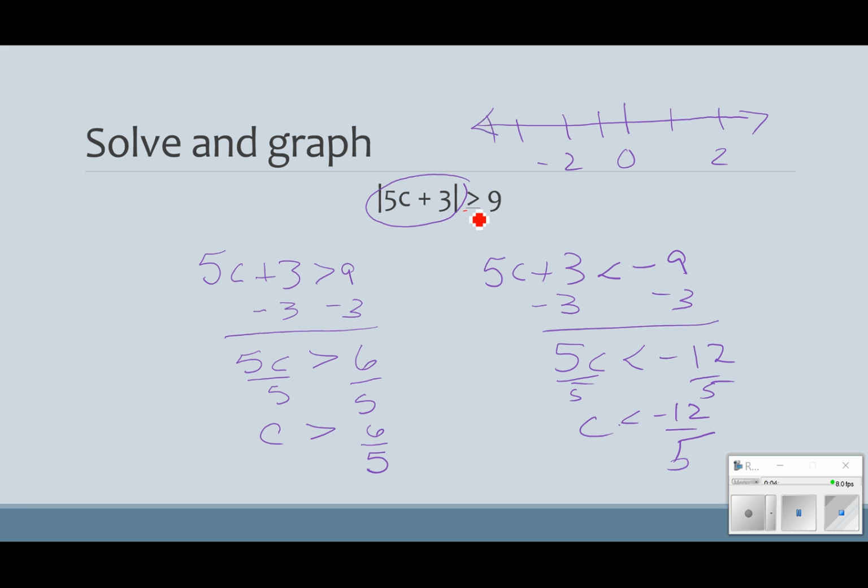So it's going to be a closed circle with my arrows going out, and less than or equal to negative 12/5 is going to be a little bit less than negative 2. So closed and going out. So this is an or. So c is going to be greater than or equal to 6/5, or c is going to be less than or equal to negative 12/5.